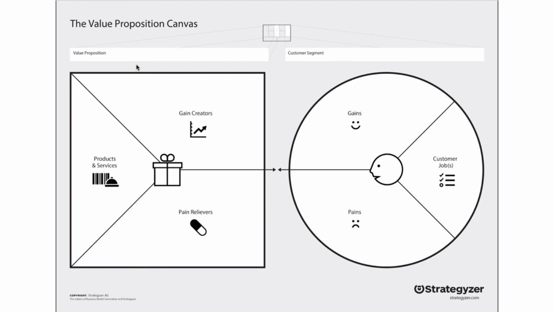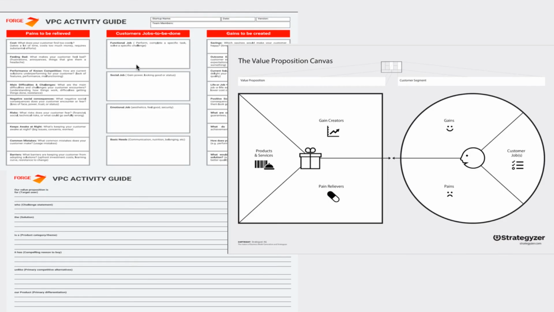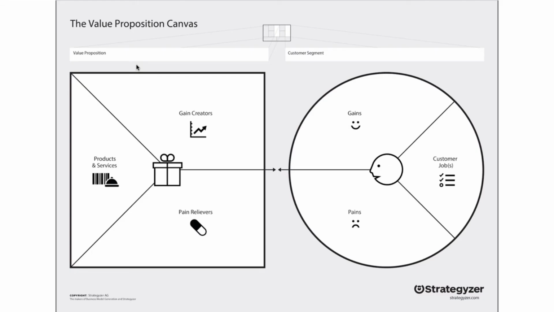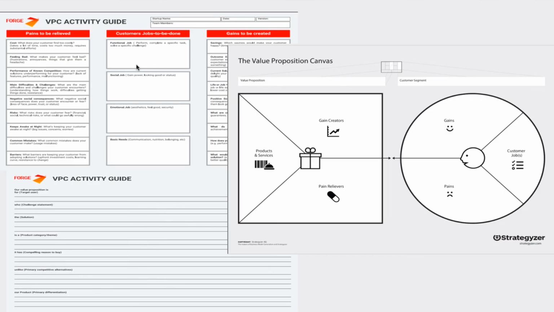This is being used by many organizations across the world, and it's a proven model which we adopt too. At Forge, we have actually created an activity guide which will help you to do this canvas and help you define and quantify the value that you would like to create for your customer.